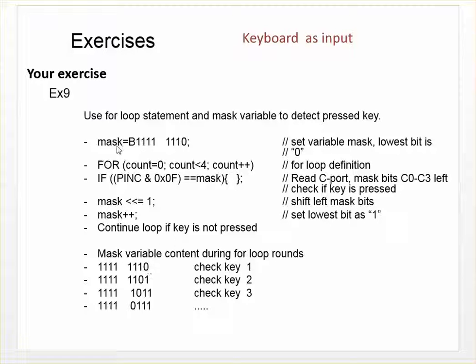Create, for example, a mask variable, where you put the lowest bit to 0, and then we are shifting those bits left in that variable. So first it's here, then it goes left, left, left.